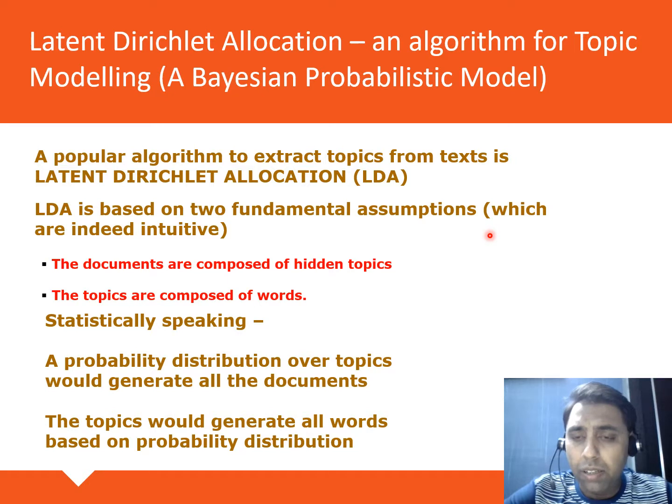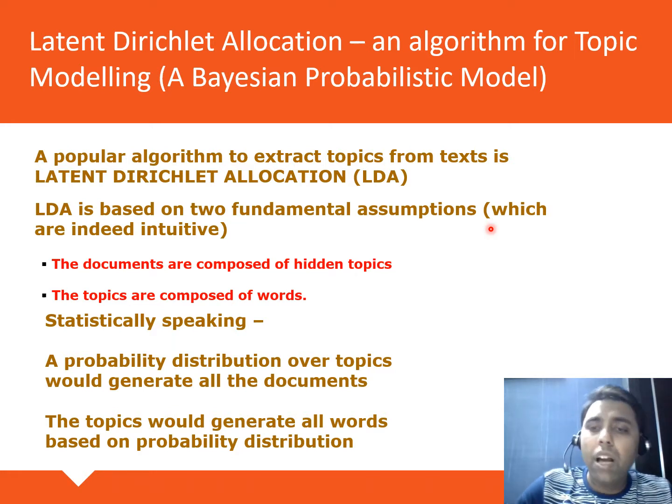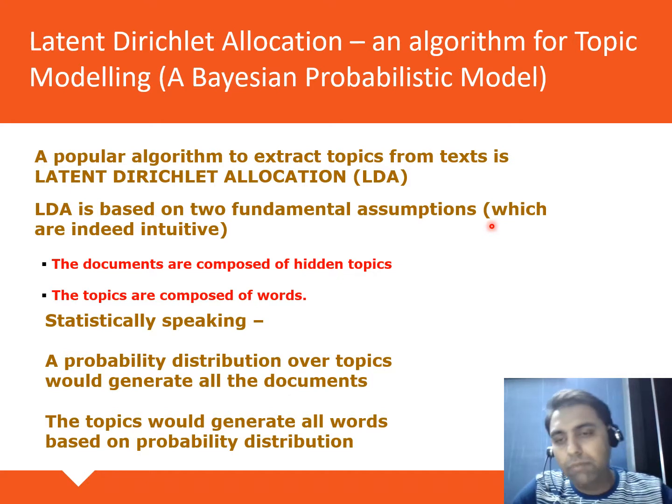By the way, just like the other training videos, for this one as well we will have a detailed hands-on session with R, wherein we will see how to implement topic modeling using the algorithm latent Dirichlet allocation, LDA.